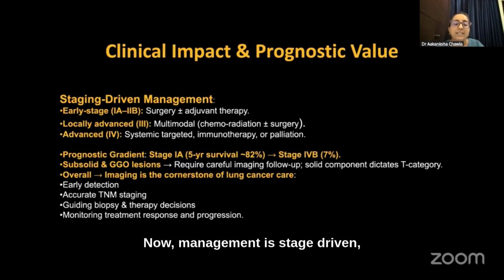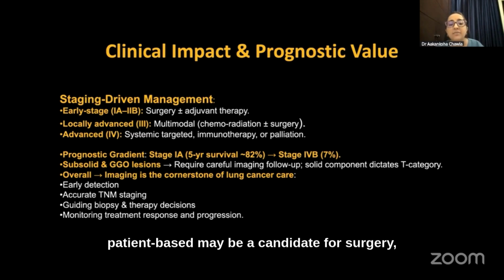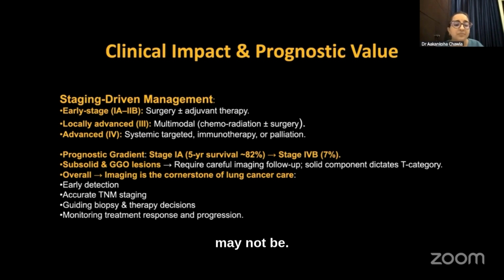Now, management is stage driven. Early stage, which is stage 1A up to 2B, surgery with or without adjuvant therapy. Locally advanced disease, multimodal management, chemoradiation. The patient may be a candidate for surgery, may not be.